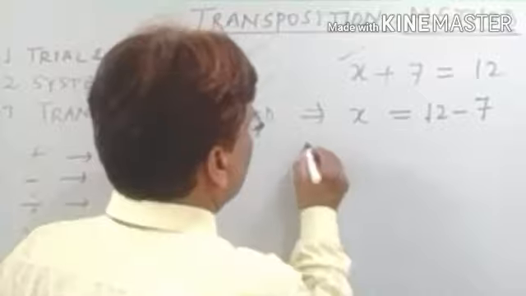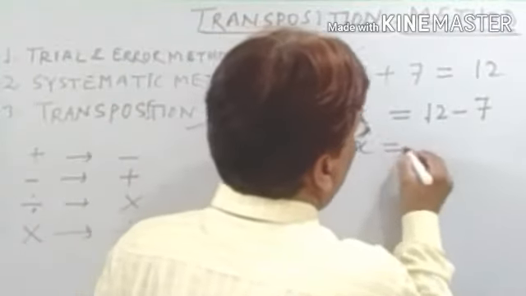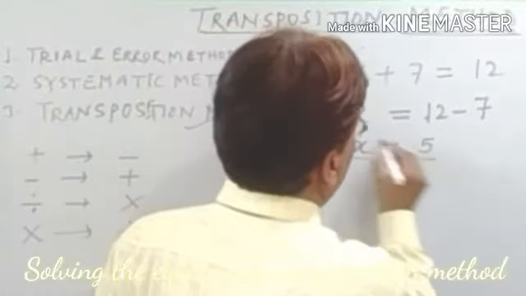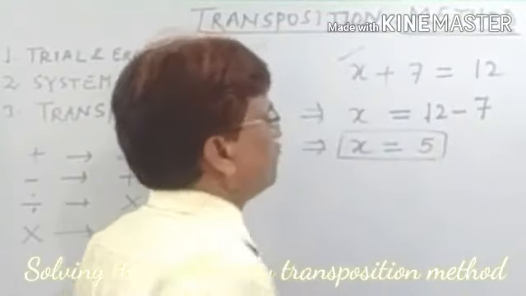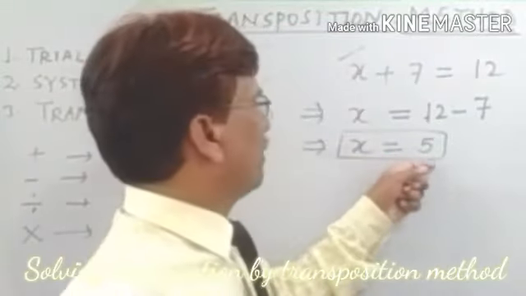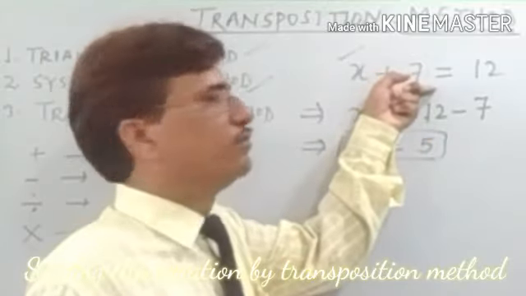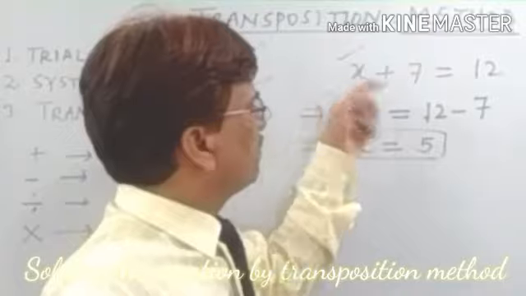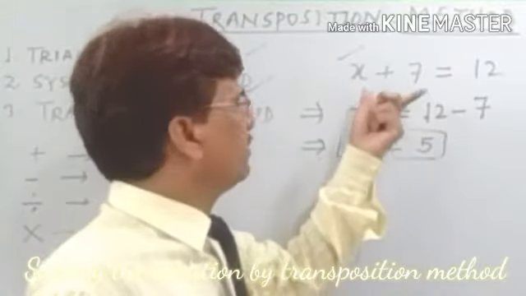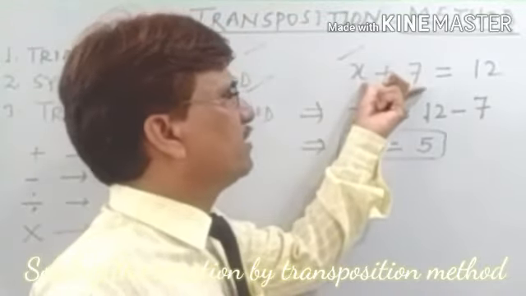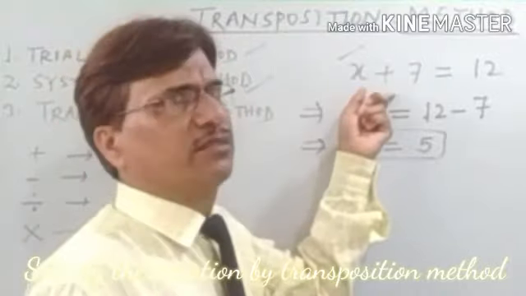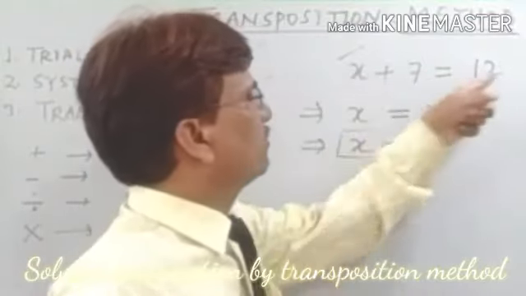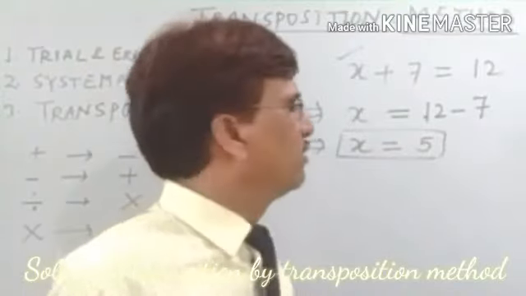Now x is equal to 5. x is equal to 5 is the solution of this equation. If we put the value of x in the given equation, you can find right hand side and left hand side are equal. 5 plus 7 is equal to 12.